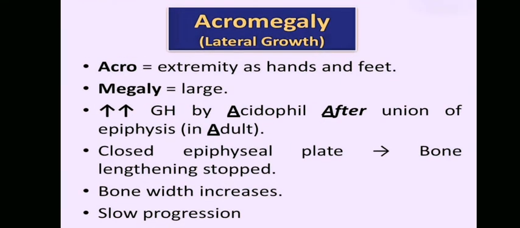So next is acromegaly, which basically affects adults, and it is also called lateral growth. Acro means extremity, as in hands and feet, and megaly means large. Growth hormone is increased by acidophils after union of epiphysis, like in adults. With a closed epiphyseal plate, bone lengthening is stopped but width is increased, and its progression is slow.